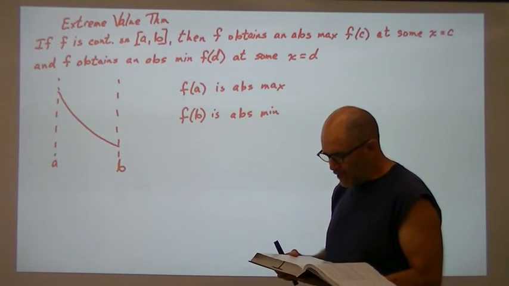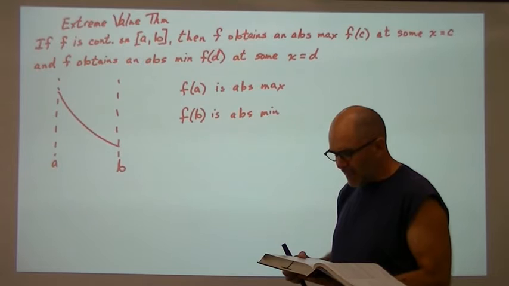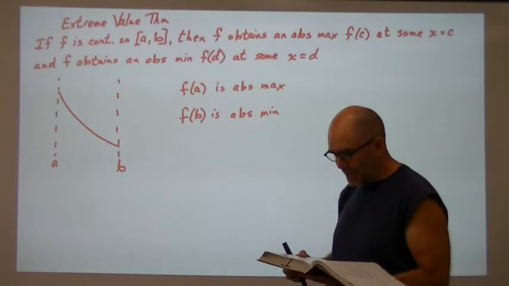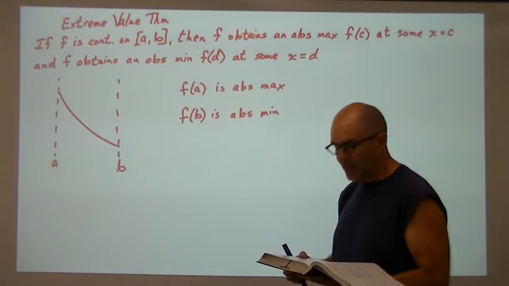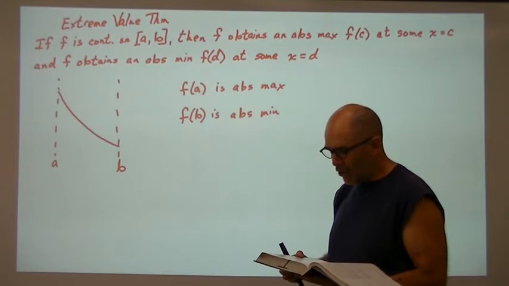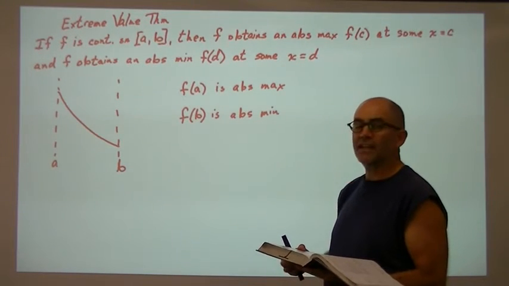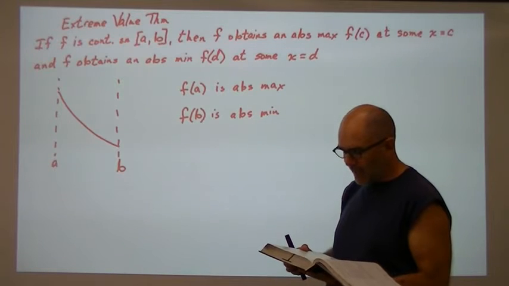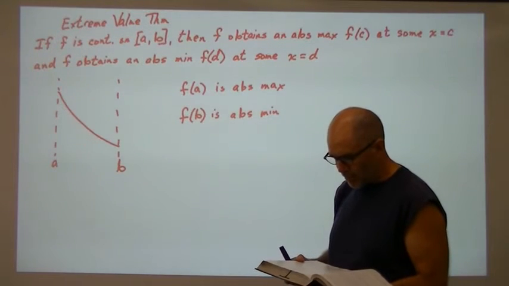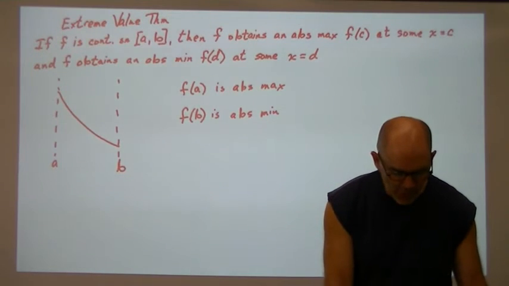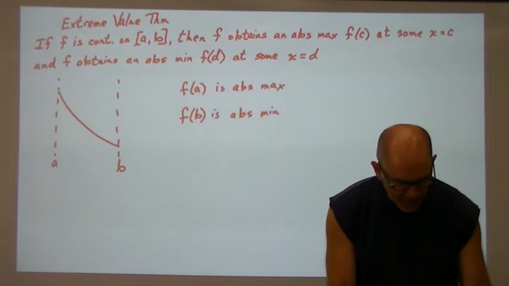Now, figure 7, same thing. There is no absolute min because it's not defined at x equals 0, and there is no absolute max because it approaches infinity, so it's not continuous from A to B. So once again, that does not contradict the extreme value theorem.